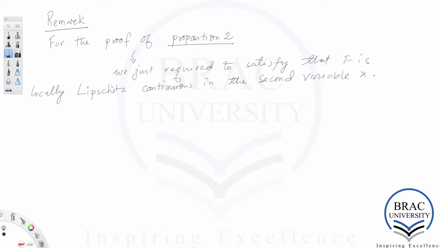Well, not in the second variable, because f is taken to be not explicitly dependent on t, so just f is continuous, f is locally Lipschitz continuous in X, okay, because f is just a function of X. It's not f is a function of t comma X. F does not depend explicitly on t in this situation, because we are considering an autonomous system, right?